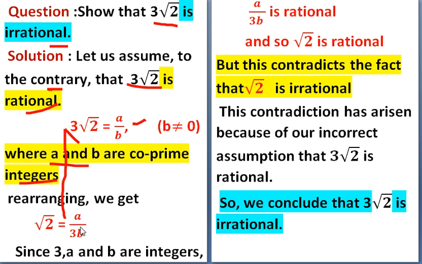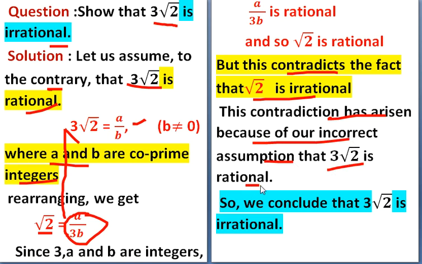If a, 3b are integers, then this a by 3b will be rational, and if this a by 3b will be rational, then root 2 will be rational, and this contradicts the fact that root 2 is irrational, and this contradiction has arisen because of our incorrect assumptions.